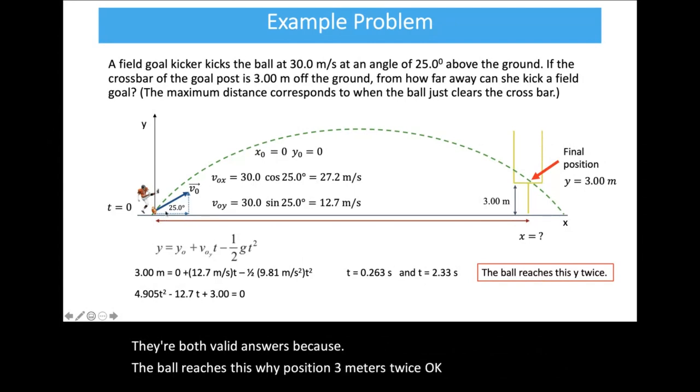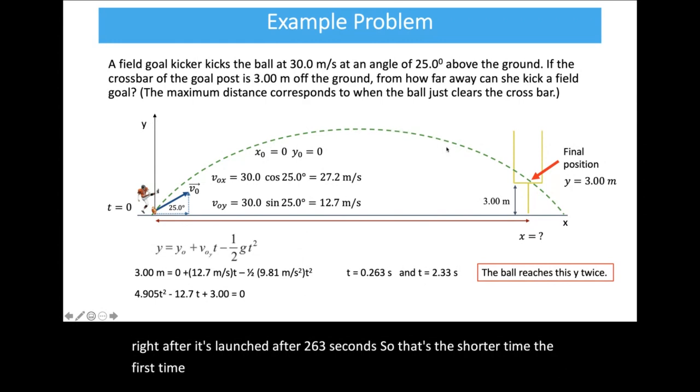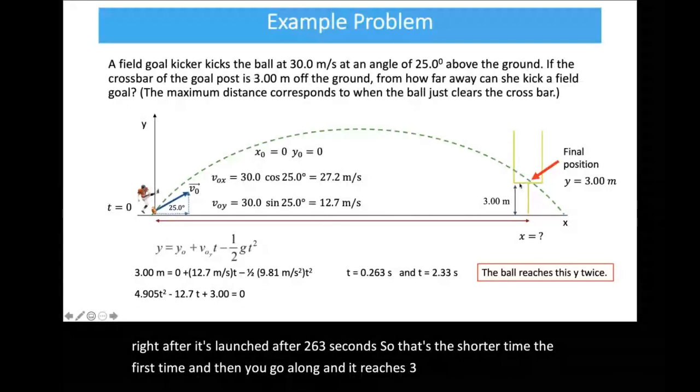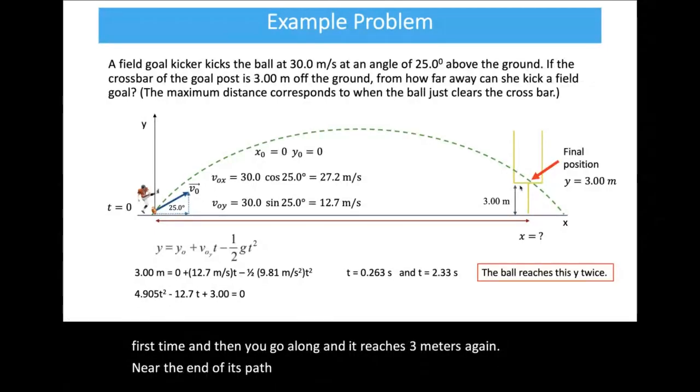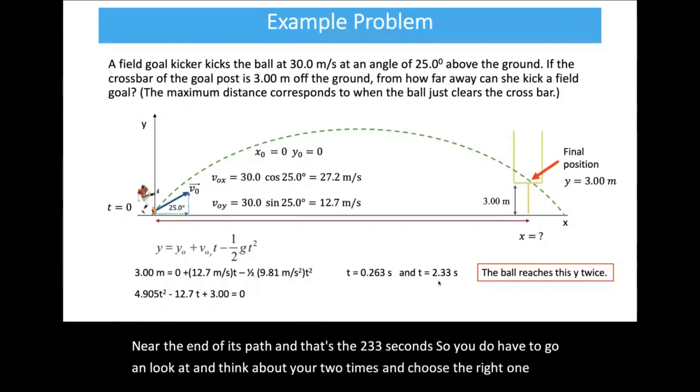It reaches 3 meters right after it's launched, after 0.263 seconds, so that's the shorter time, the first time, and then you go along and it reaches 3 meters again, near the end of its path, and that's the 2.33 seconds. So you do have to think about your 2 times and choose the right one, okay? Do I want the time right after it's launched, or do I want the time right before it's landing?